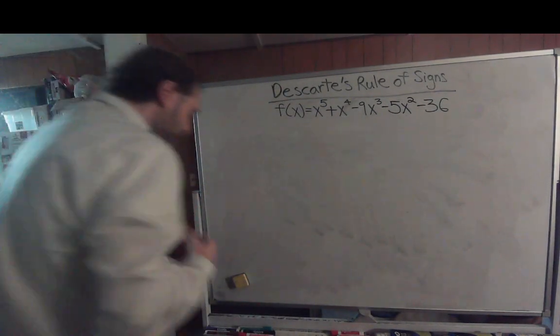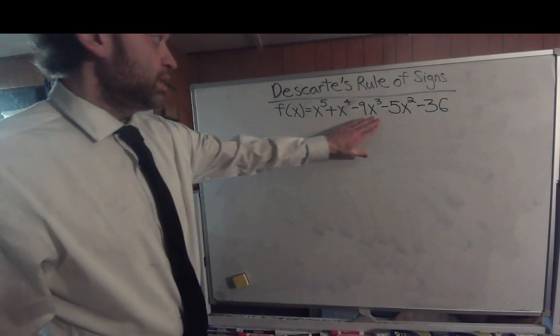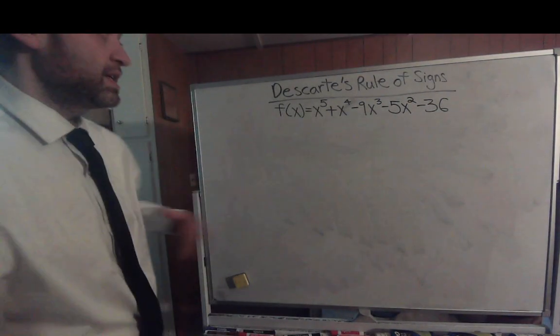Alright, so f of x is going to equal x to the 5th plus x to the 4th minus 9x to the 3rd minus 5x squared minus 36.